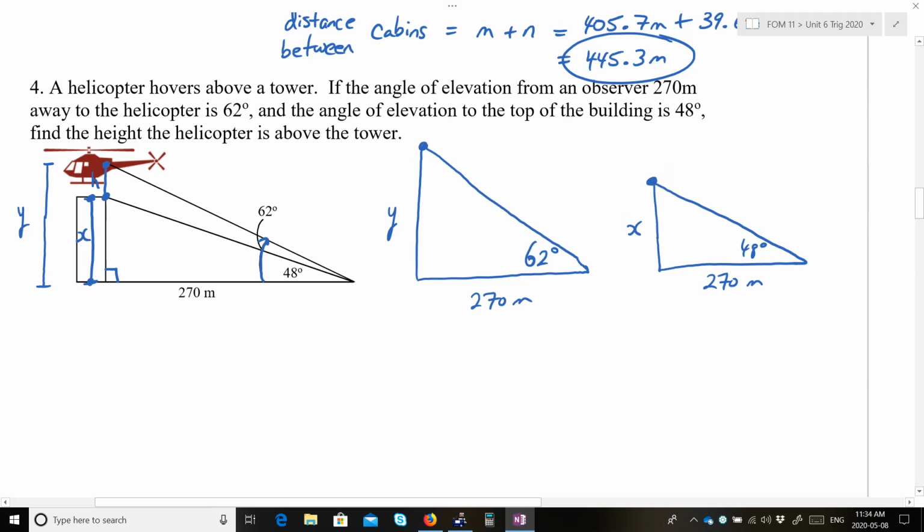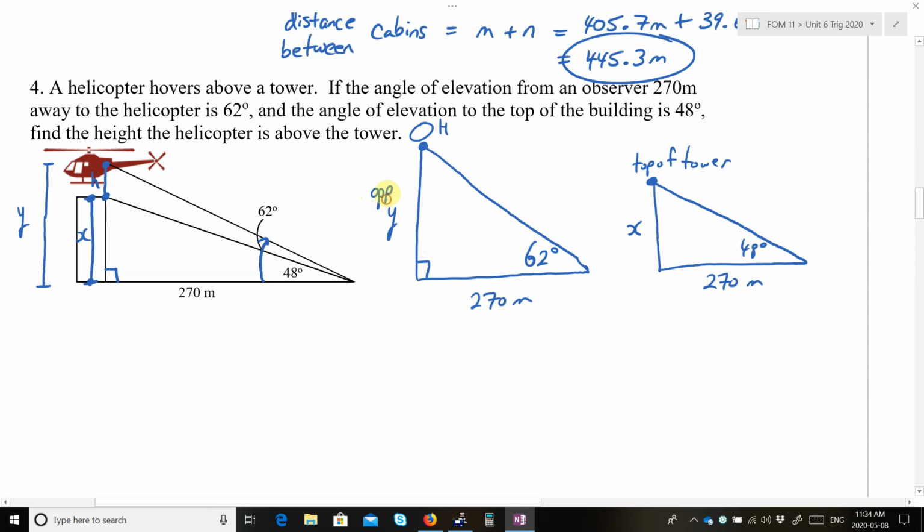Okay, and then the difference between y and x will be the height that the helicopter is. Okay, so this is the helicopter right here. This is top of tower. Okay, and so if we go y minus x, we would get that height h the helicopter is above the tower. Okay, so let's figure out y.